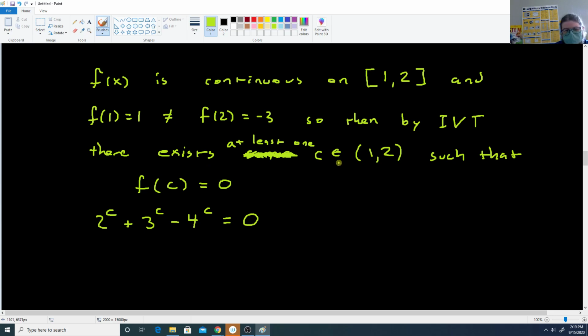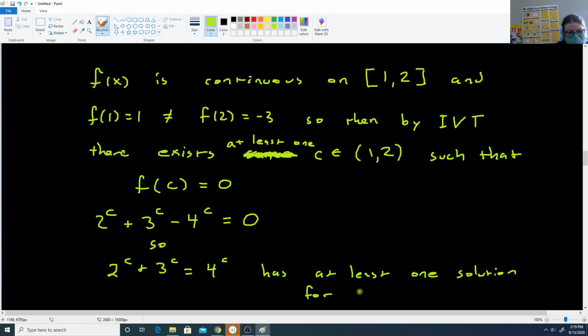So there exists at least one c in 1 to 2 such that f of c equals 0. Since f of c was 2 to the c plus 3 to the c minus 4 to the c, that equals 0. So we can rearrange this by pushing the 4 to the c across. So 2 to the c plus 3 to the c equals 4 to the c has at least one solution for c, an element of that open interval 1 up to 2.